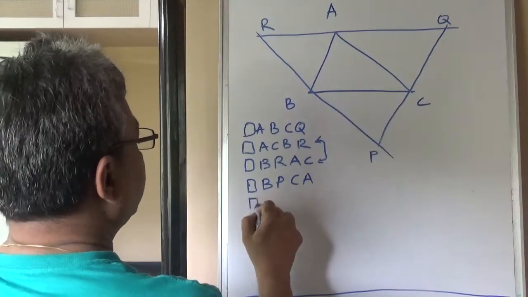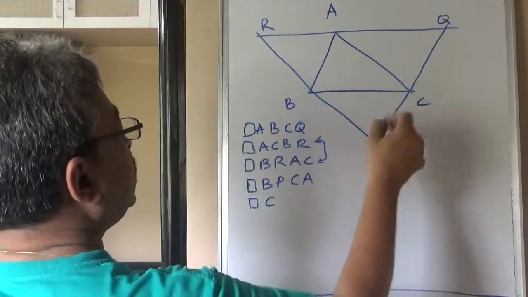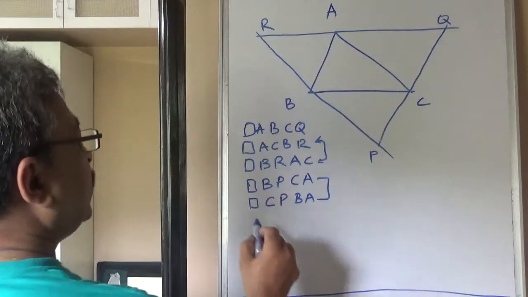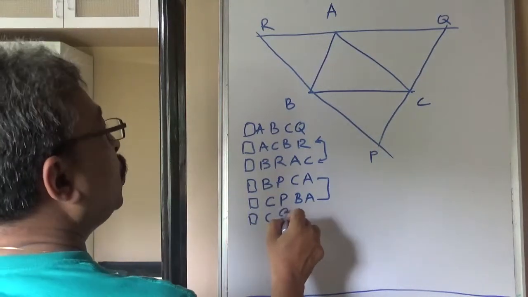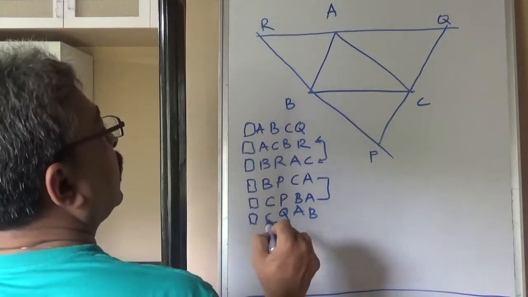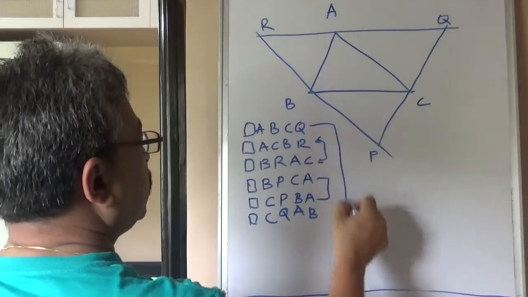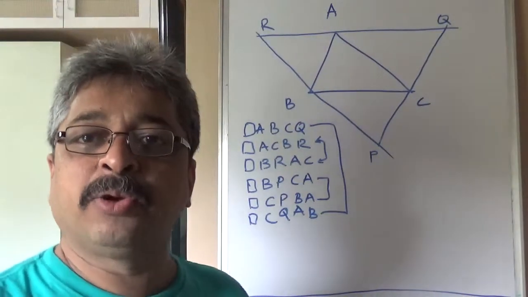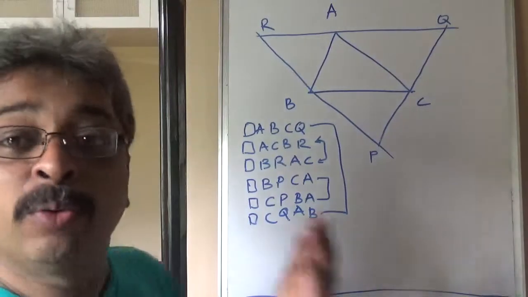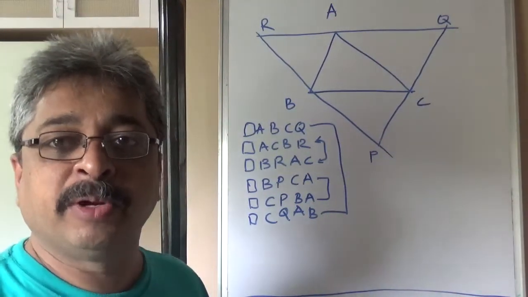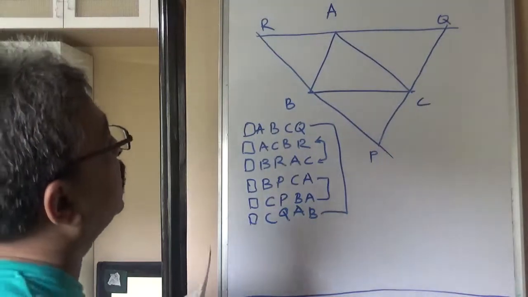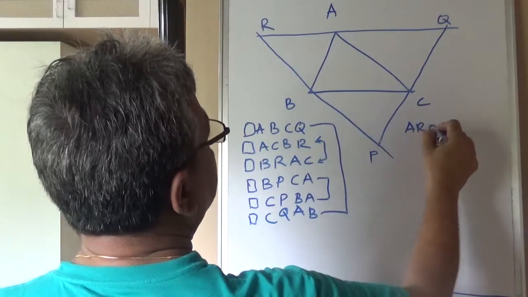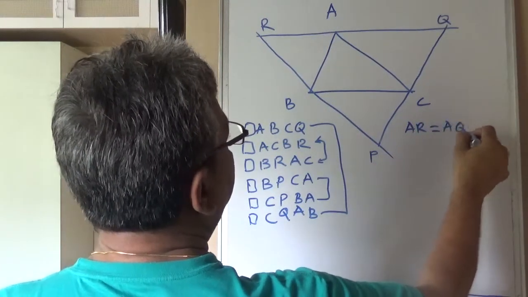If we consider vertex C, then CPBA, these two are the same. Then we have CQAB, and if you observe, CQAB and ABCQ are the same. So there are basically three parallelograms in this figure, and we have many properties of parallelograms available, which show that segment AR is equal to segment AQ, so A is the midpoint of RQ.